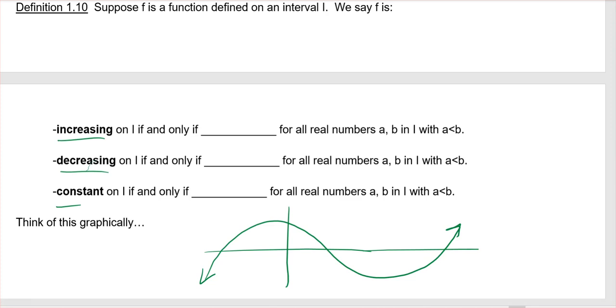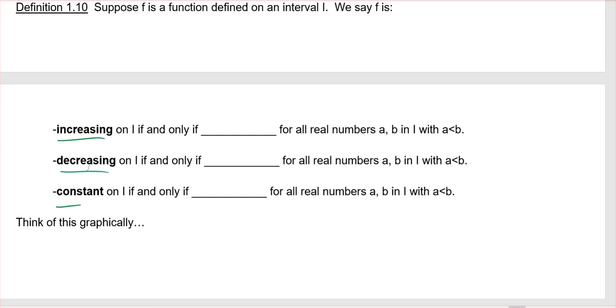So we want to say maybe it goes up as we go left to right. So pointing at this one, let me make an easier one here. How about just a parabola? So maybe like this. And let's say that this is the point A, and this is the point B.